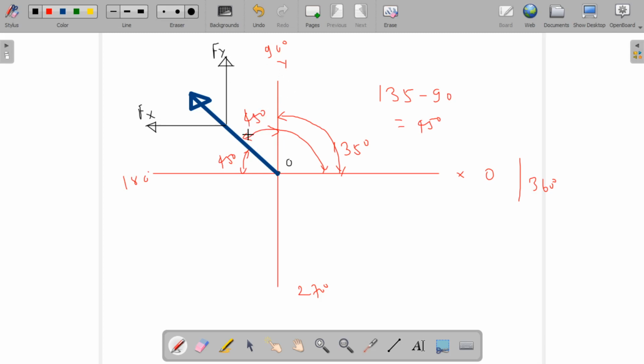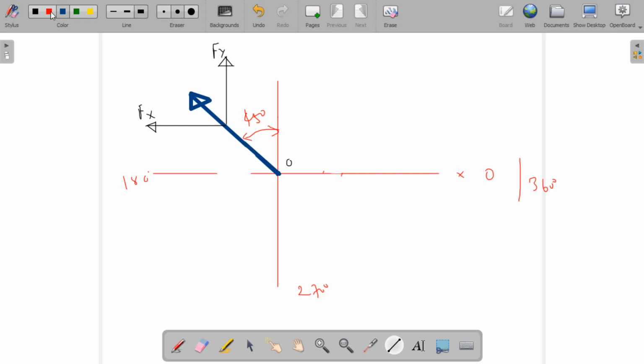Okay, now I will take the angle with y axis, suppose. Now the angle is 45 degree. I will remove everything. So this was the force.